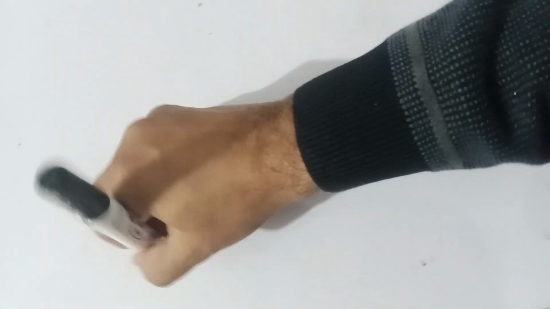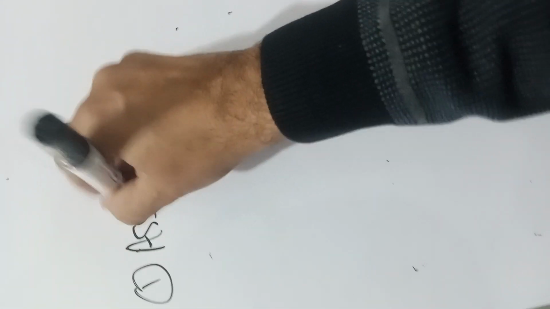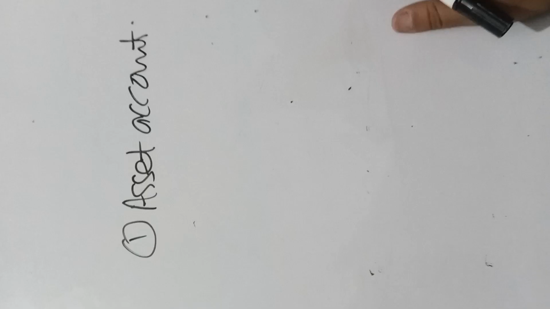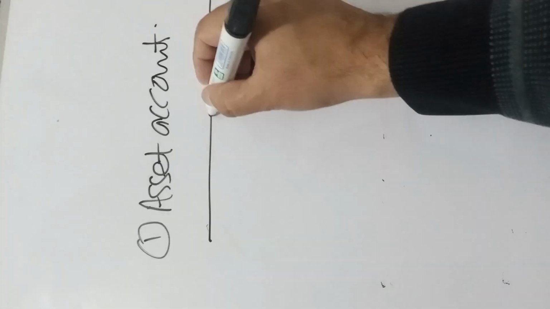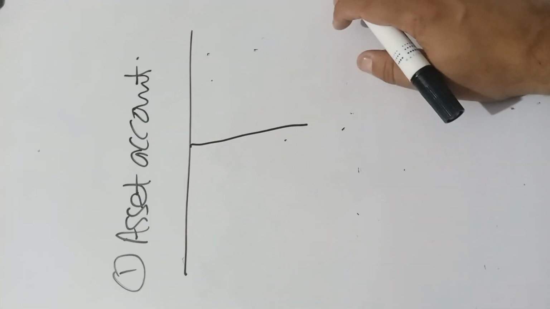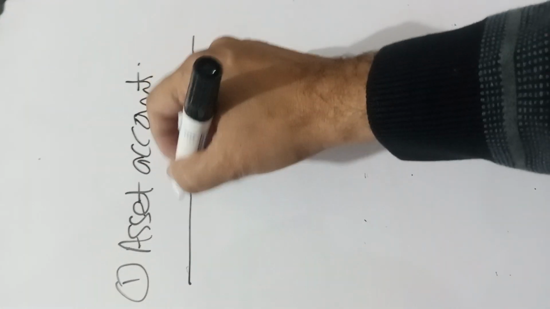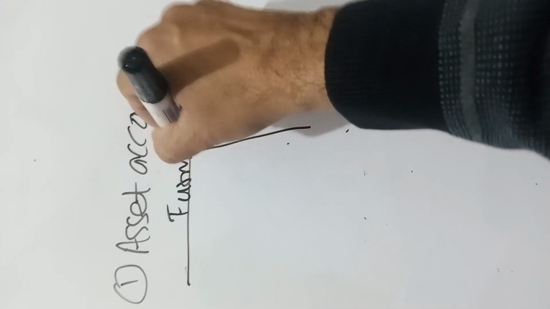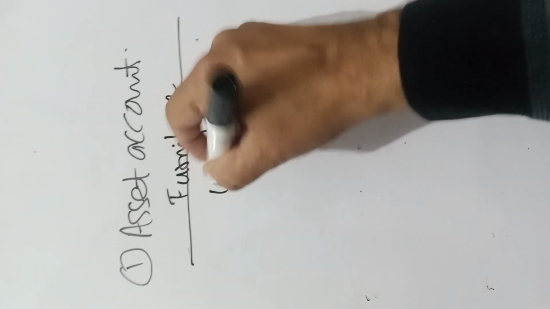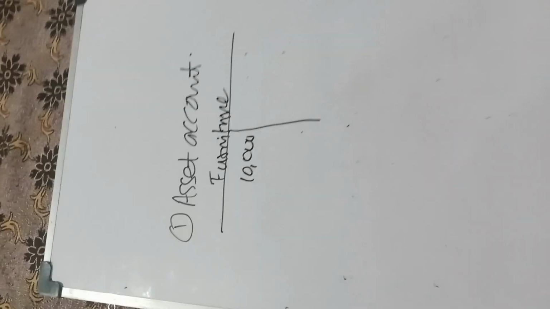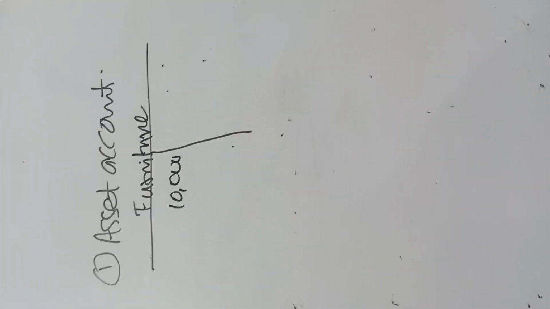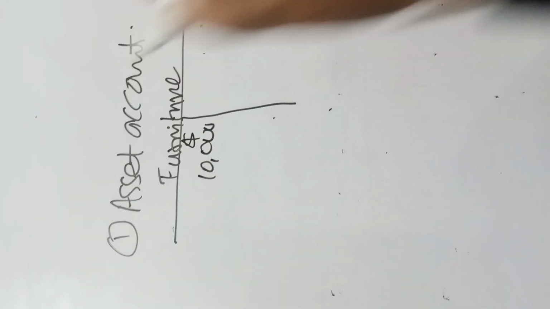Sometimes the examiner asks you, number one, to prepare the asset account. If the examiner asks you for the asset account, simply you will draw a T account. For example, this is the furniture account. Furniture is 10,000. You will record it on the debit side. In the first year, second year, third year, fourth year and fifth year, this will be the same in dollars.